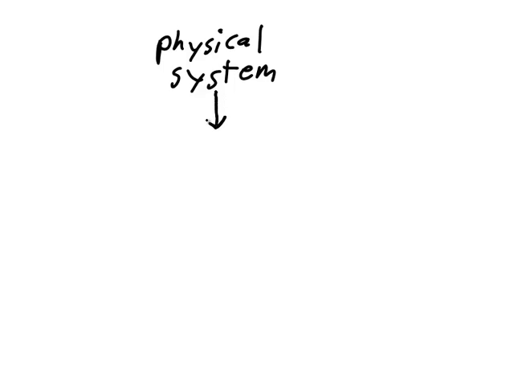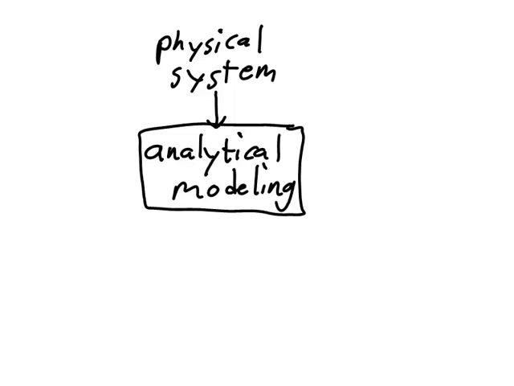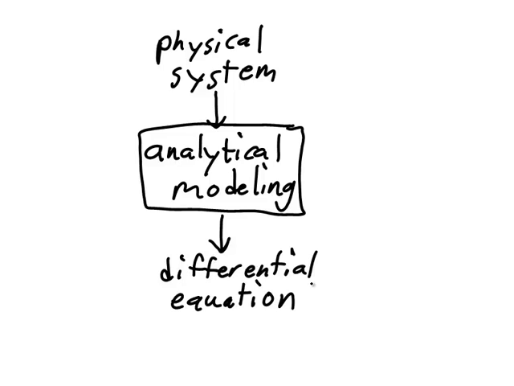The first thing we want to do to that physical system is model it in order to get the differential equations that represent the system. So the physical system goes through a process of analytical modeling in order to produce a differential equation. Remember that this differential equation can have 3 different kinds of things in it.